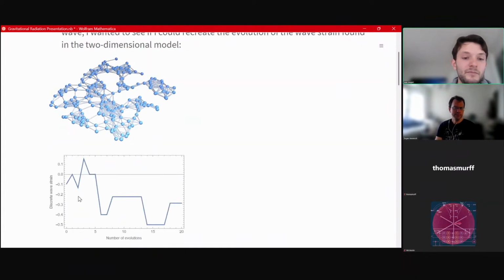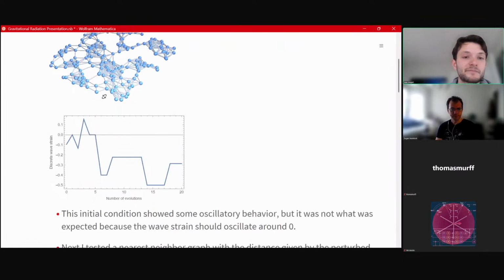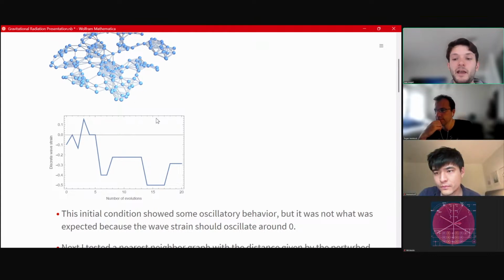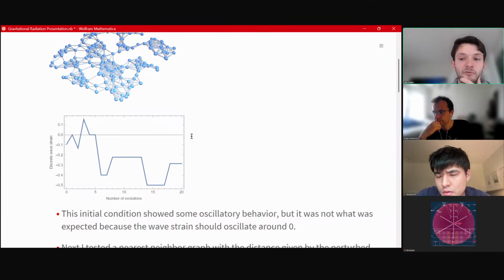And I wasn't very excited with this. First of all, I wasn't quite sure how the discrete hypersurface decomposition was working. And I did read up on the source code for that, and that was written by Jonathan Gorard, if I'm not mistaken.